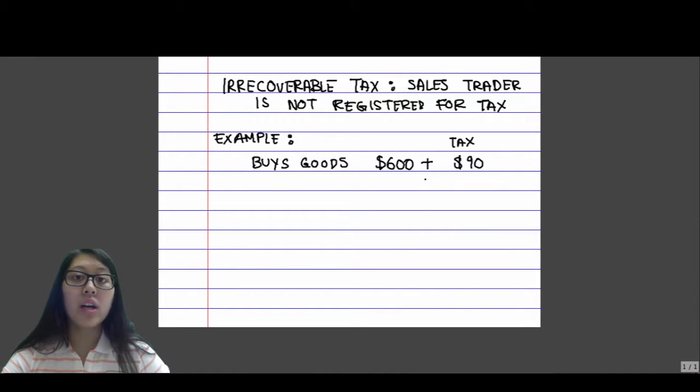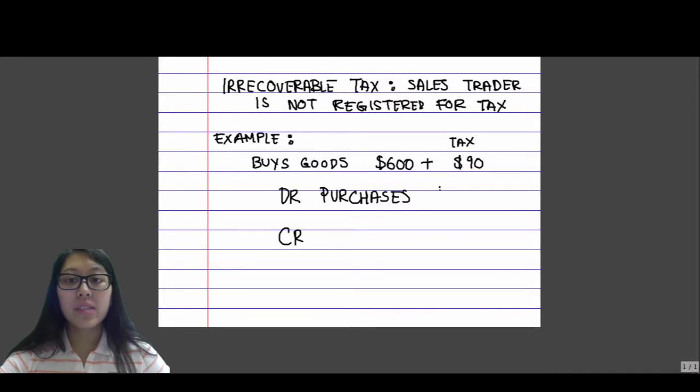Now, if you are a sales trader that is not registered, your double entry will look like this. So, firstly, we're going to have to record this as a purchase, and purchases are a debit entry. So we're going to debit the purchases account by the whole $690.